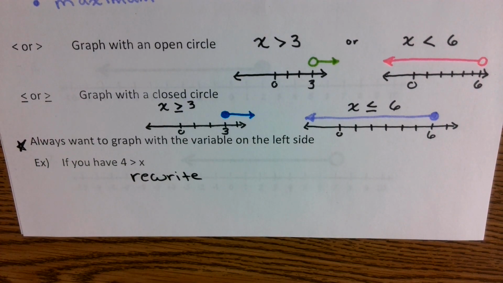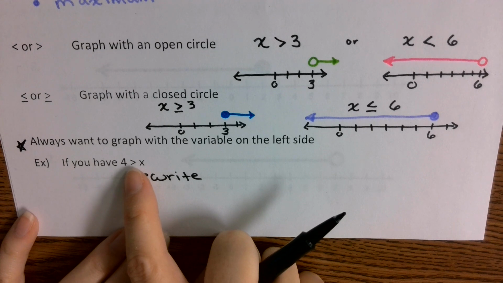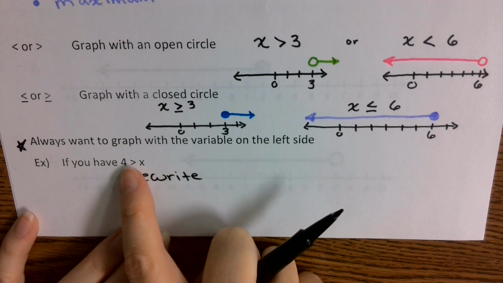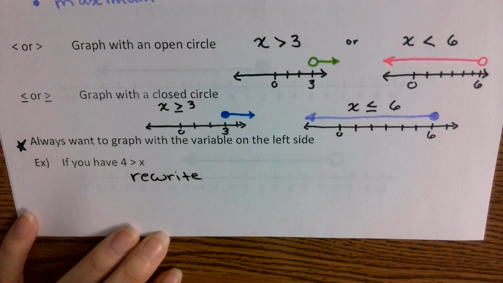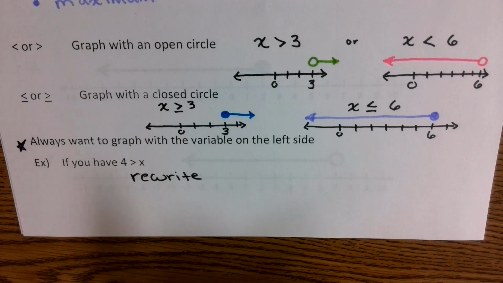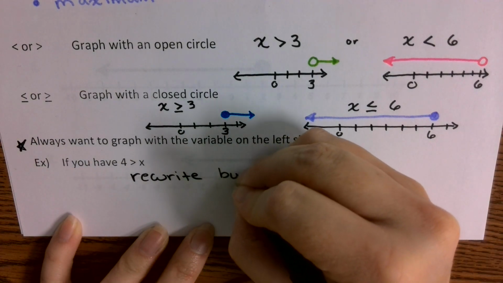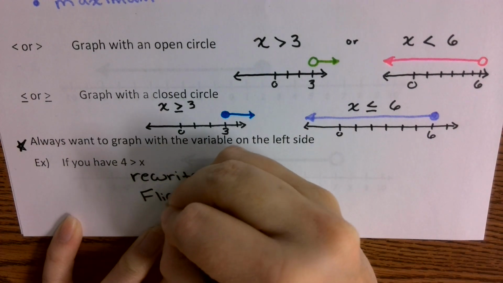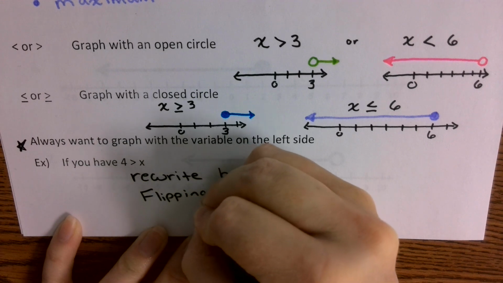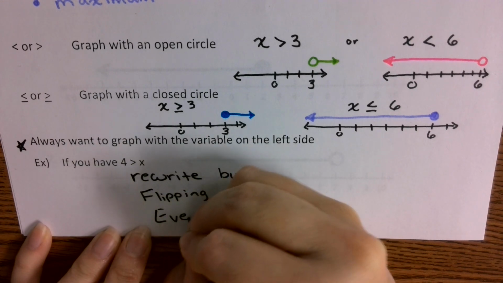But when we rewrite an inequality, everything has to flip. Notice how the mouth of the inequality is opened on the 4, like it's going to eat the 4. You want to make sure it still continues to have open mouth at the 4 when you rewrite. So you rewrite by flipping everything.